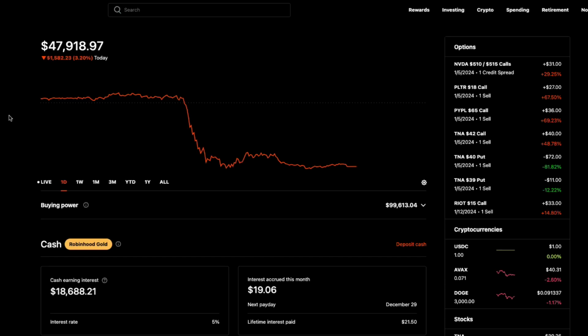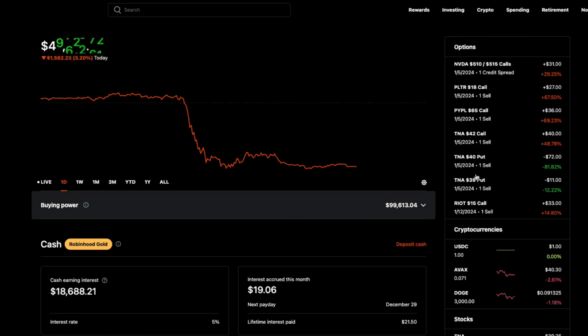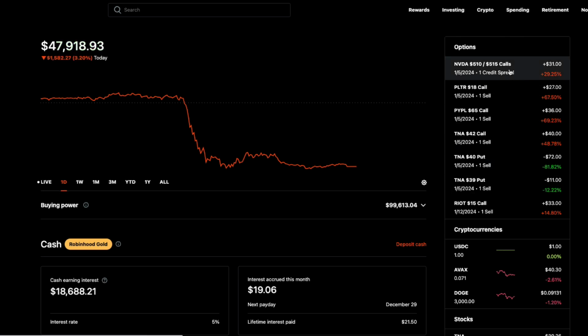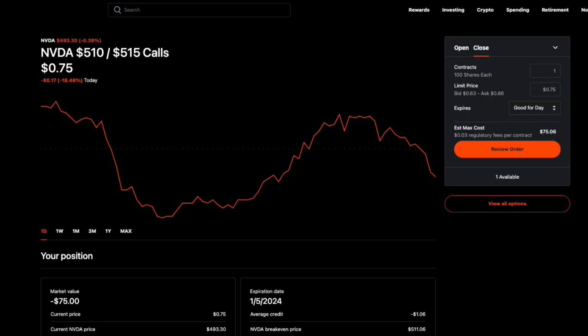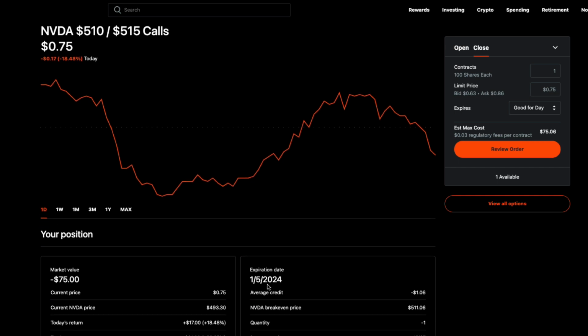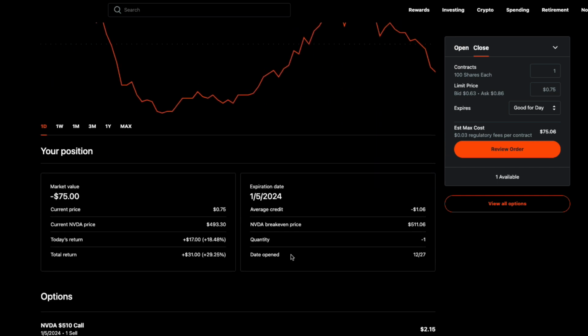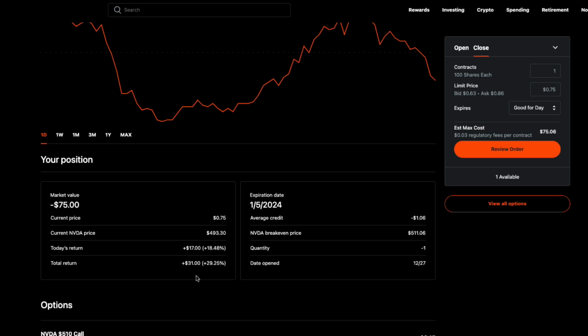Okay, so I'm in my Robinhood account and I'm going to take an example of the recent play that I did on Nvidia. As you can see, I did this 510 and $515 call credit spread, and I opened this position on 12/27. I still have a week to go on this, and as you can see I'm making about 30% up on this position.